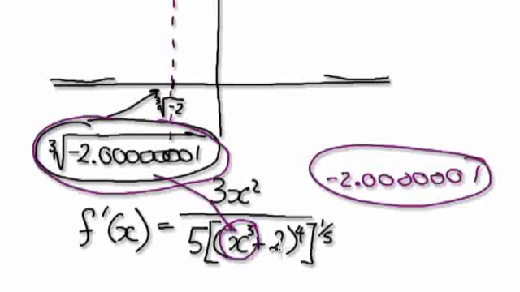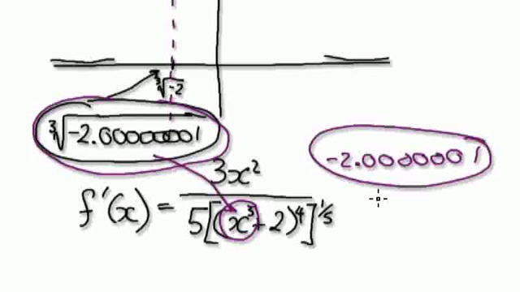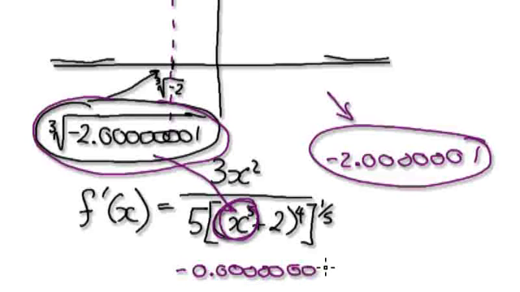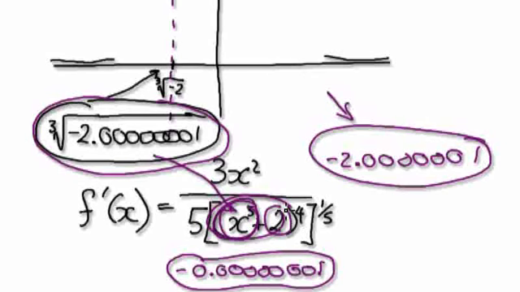Now when you come to add 2 here, when you cube it, it will give you this. And then when you add 2, it will give you minus 0.0000 whatever 1 here. So this whole bubble here becomes this thing here, because when you add 2 to this, it will give you this.